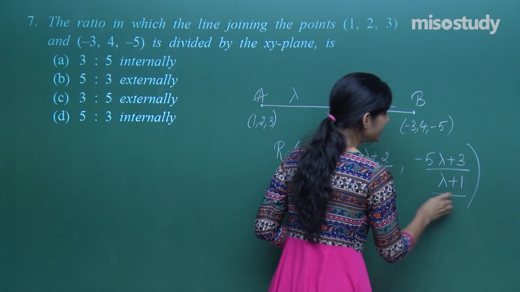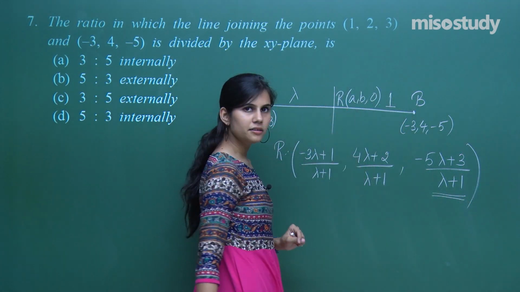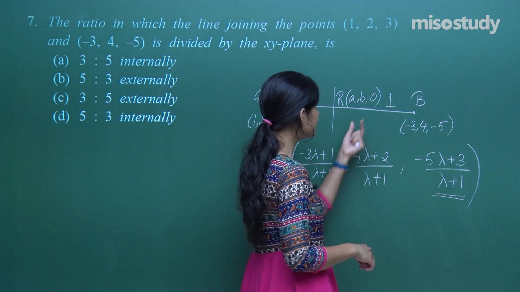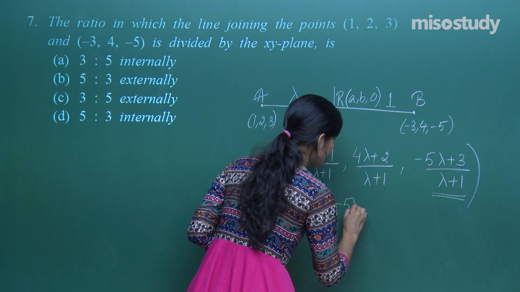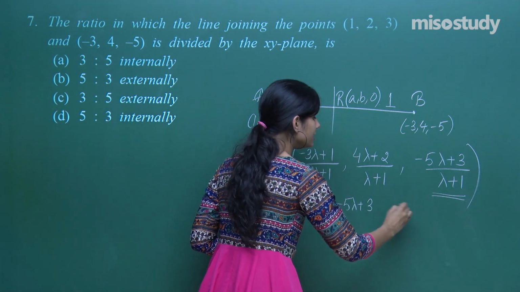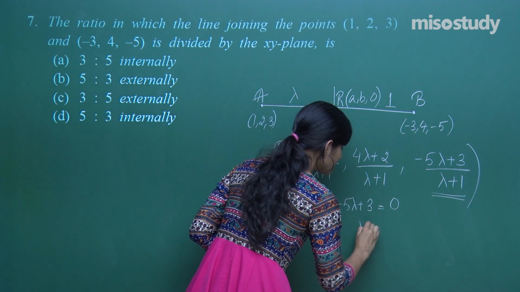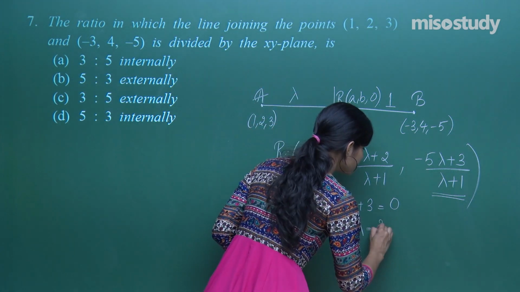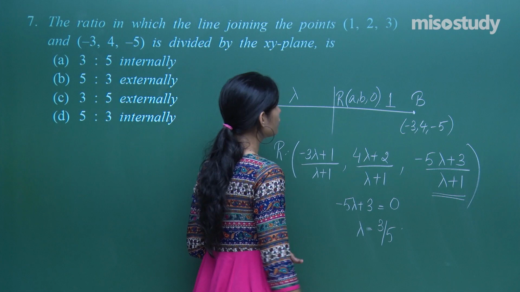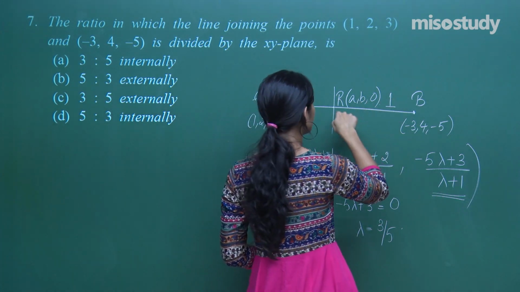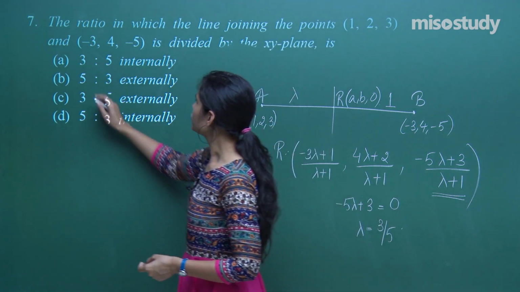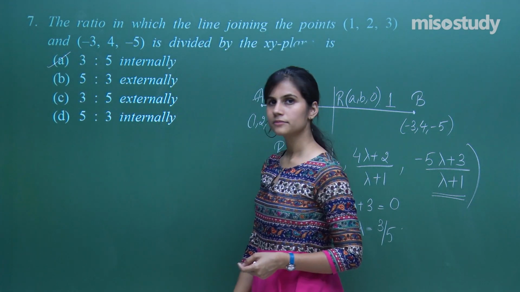But the z coordinate of this point R is 0, right? I just applied the section formula, nothing else, but then the z coordinate is 0. So minus 5 lambda plus 3 upon lambda plus 1 is 0. That means the numerator is 0. So lambda will be what? Minus 5 lambda is minus 3, lambda is 3 by 5, and therefore 3:5 is the ratio in which the xy plane divides the line segment joining A and B, that too internally.